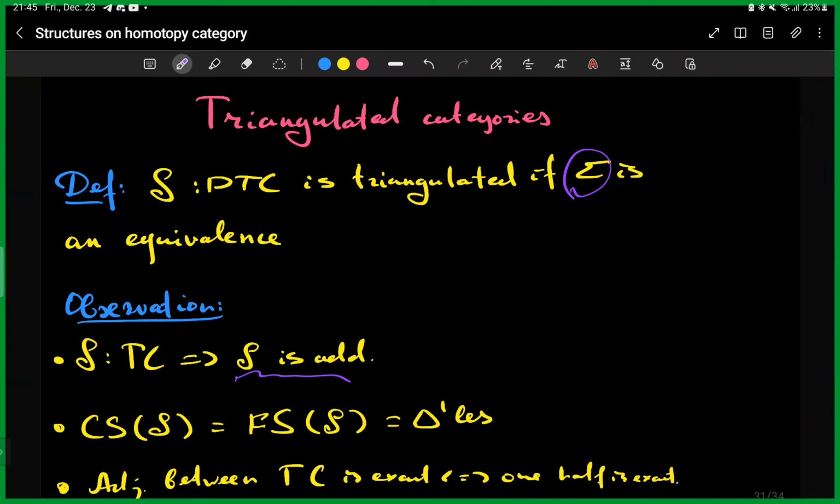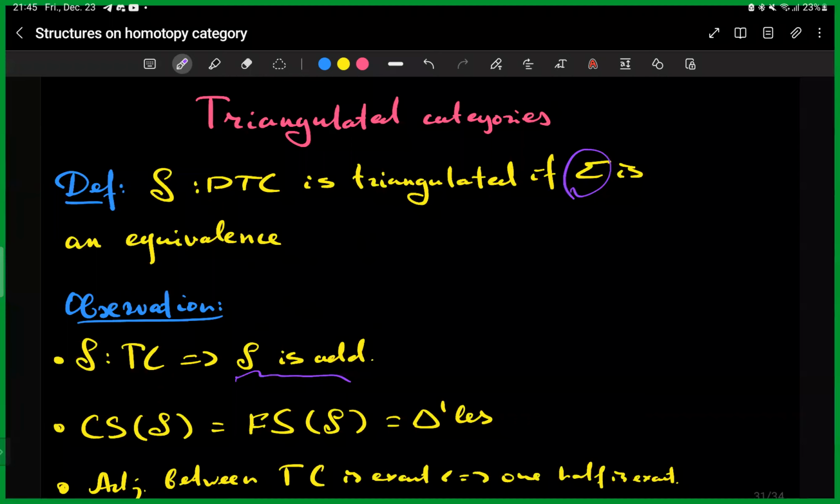Okay, so that's all very nice. But I have to point out that the name triangulated category here is somewhat misleading, because it's not a triangulated category from algebra.